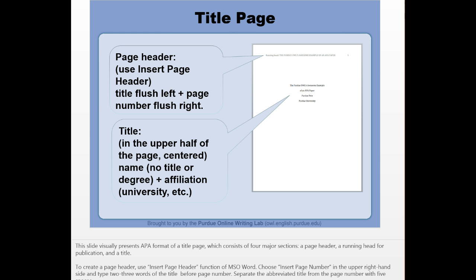It's just your first name, last name, and possibly a middle initial if you want it. You do not have any credentials or anything that follows that name. And then the third line on the title page is the affiliated university. Again, it would say Widener University. Not the course, not the course number, no other information, just Widener University.